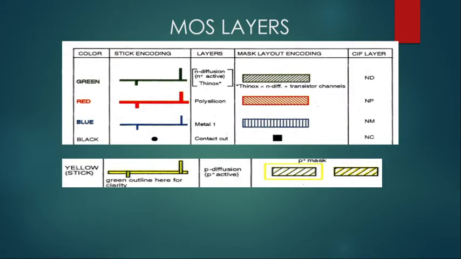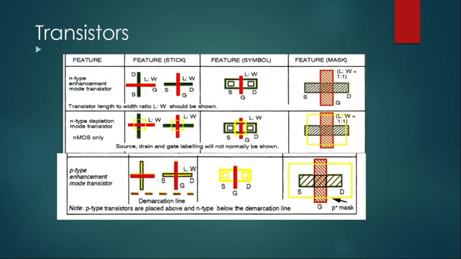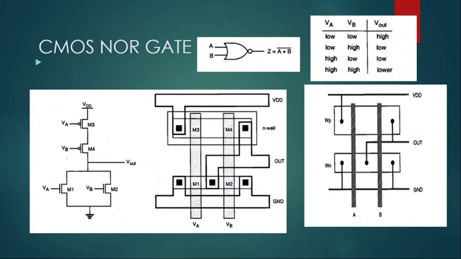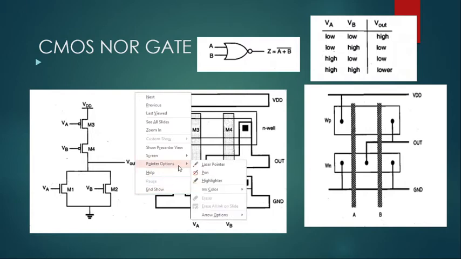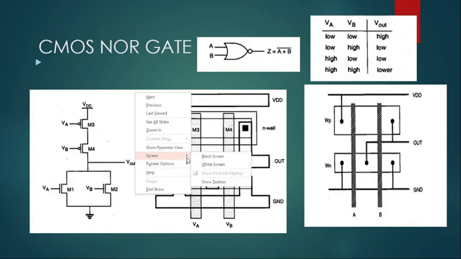These are the MOS layers that I have already discussed in my previous videos, and these are the transistors and how to make them. Today I am going to explain how to implement the CMOS NAND and NOR gate layout and stick diagram. So let us start.